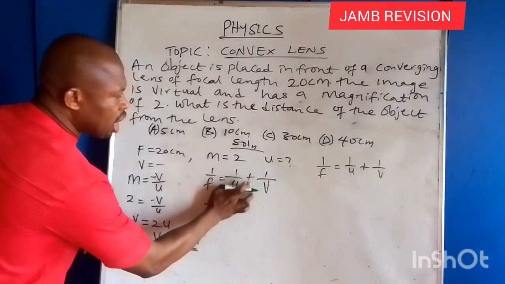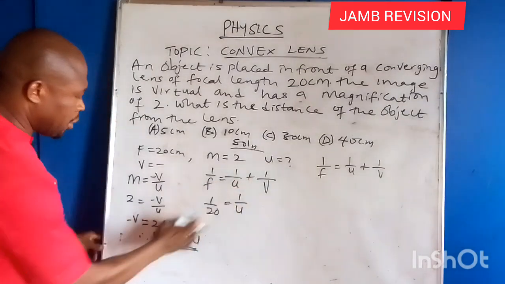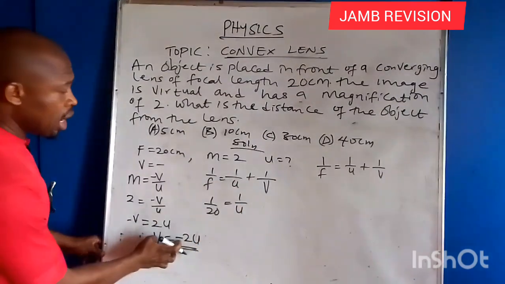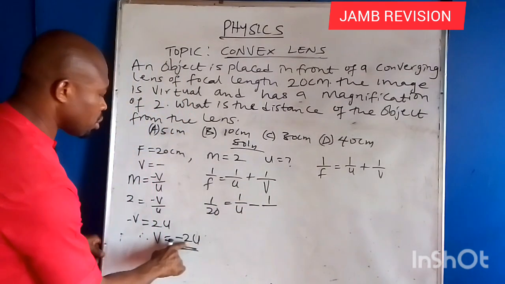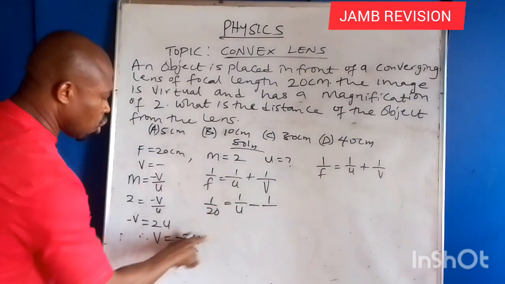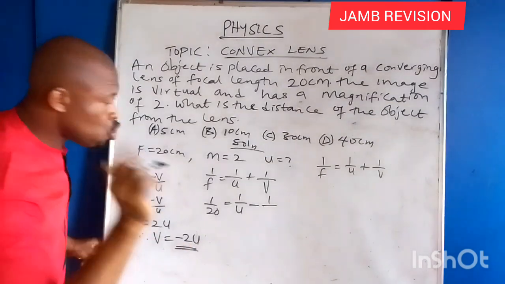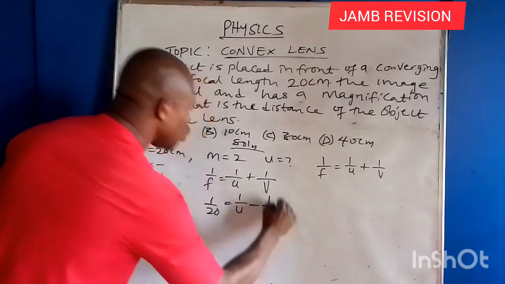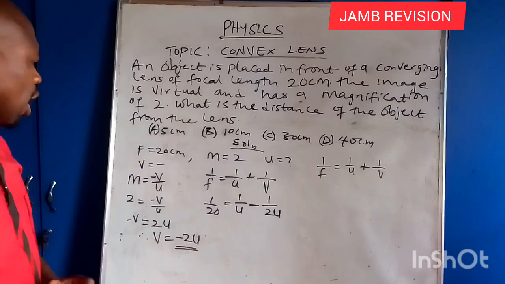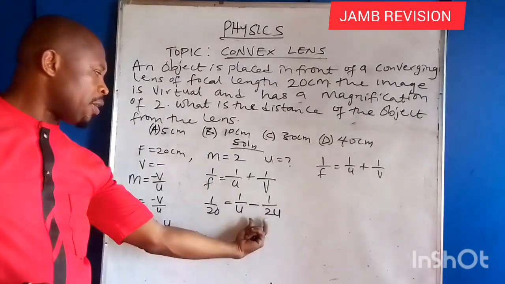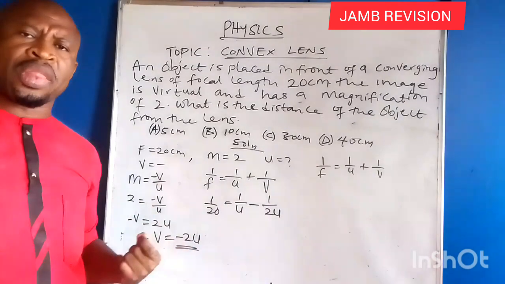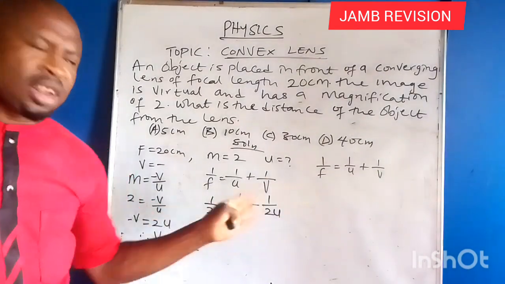Now, in place of this plus here, this is what we are going to put there. We now have minus 1 over 2U. At this point, you will agree with me that U is common there. So we can take care of that side first.